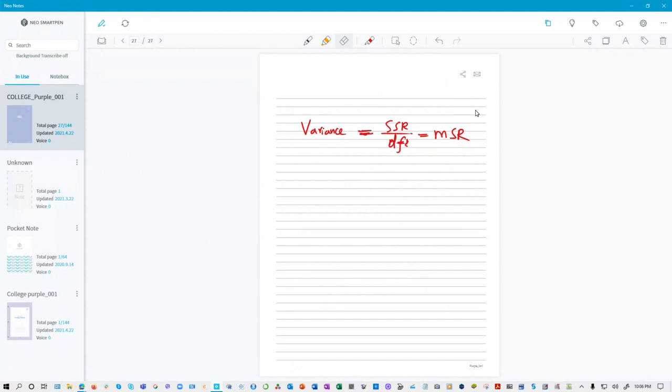The way it's denoted is simply S squared. So from now on, I'm going to use S squared. This means SSR divided by degrees of freedom, or mean squared residual, or in mathematical notation, the sum of y minus y bar squared divided by n minus 1. Same thing.